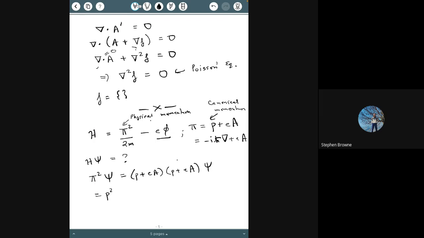That is equal to P square psi plus E A dot P plus E P dot A plus E square A square, all acting on psi.